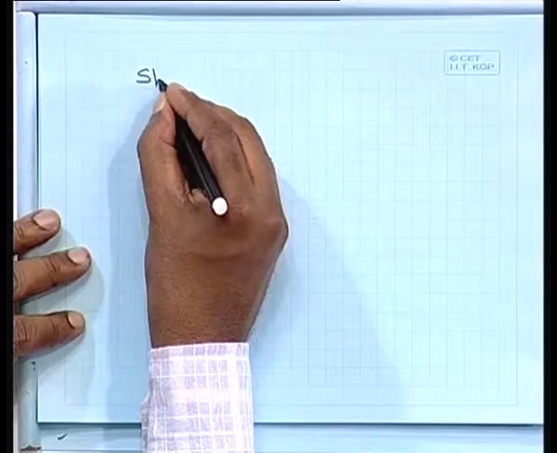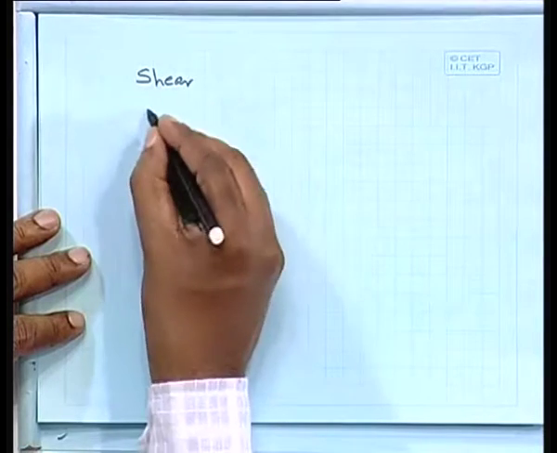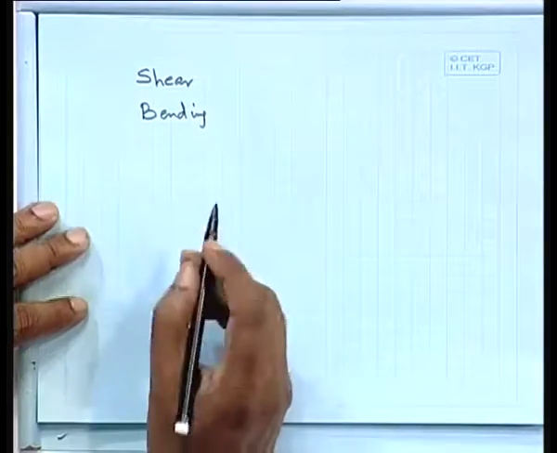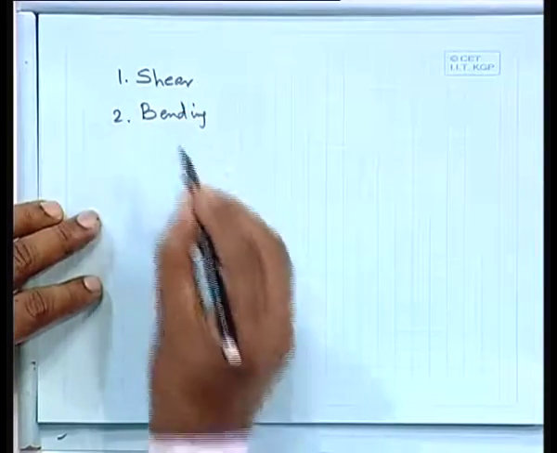Now let us come. I think instead of that, let us take one problem, that could be easier. But before that, let us take that we have shear and bending. So we have shear and bending.